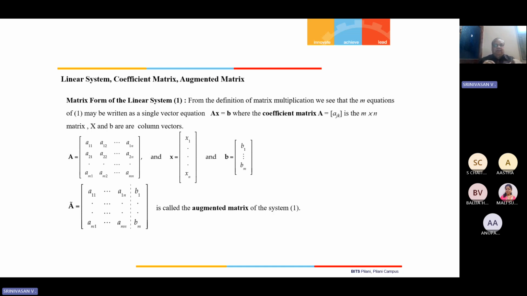Now look at this symbol, something like a small wave-like symbol over A, which is called a tilde.